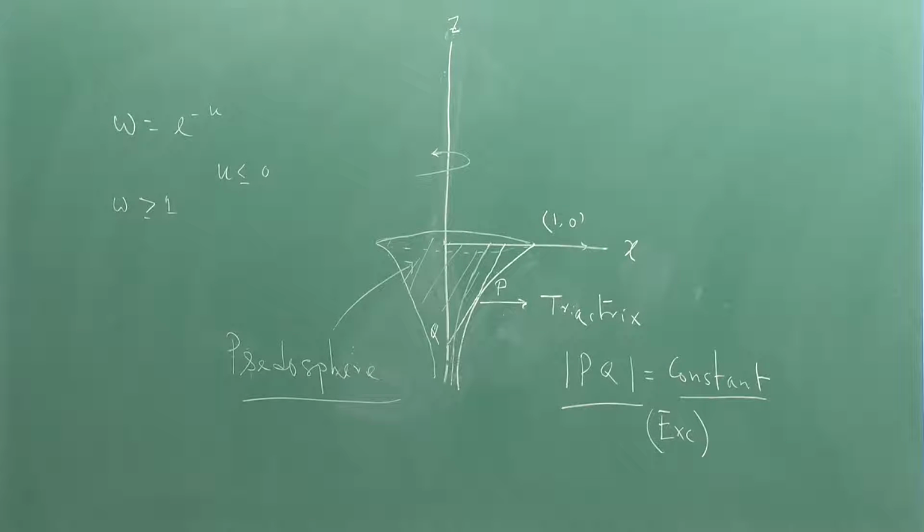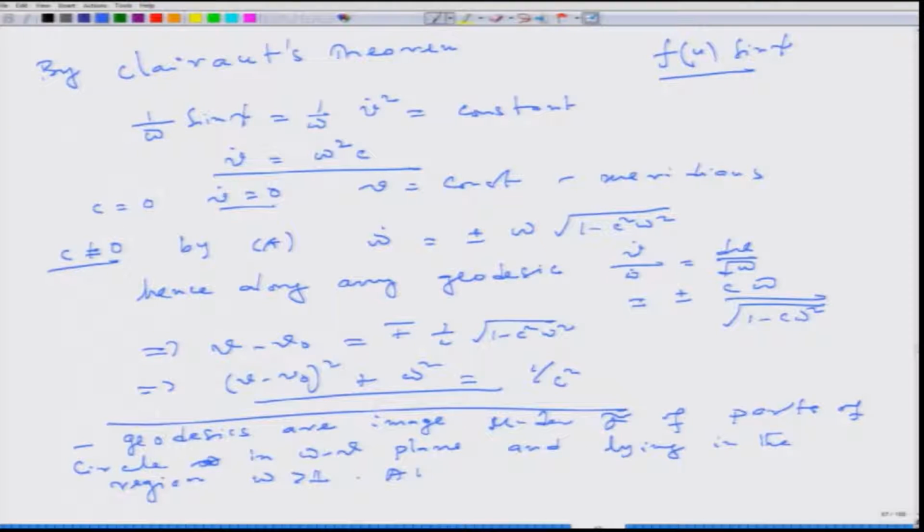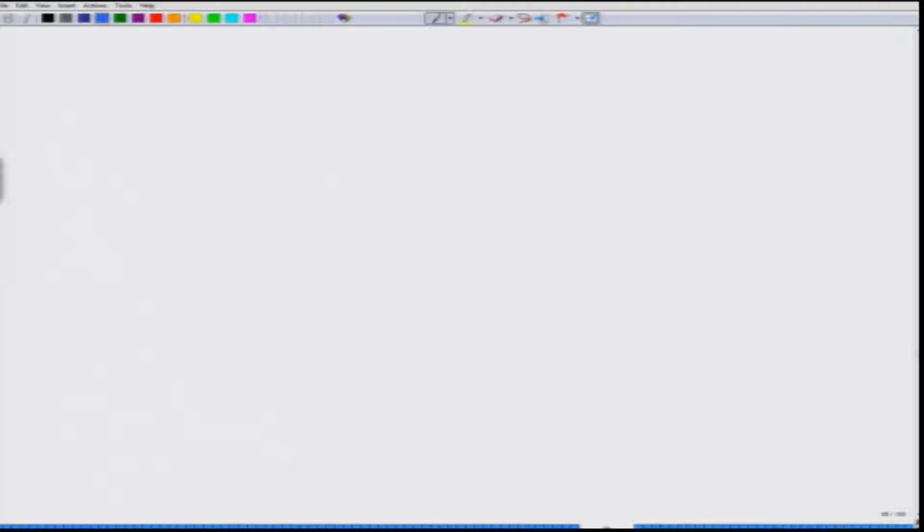Okay. All these circles have center on the v axis, (v naught, 0) is the center for different v naught, and intersect the v axis perpendicularly.